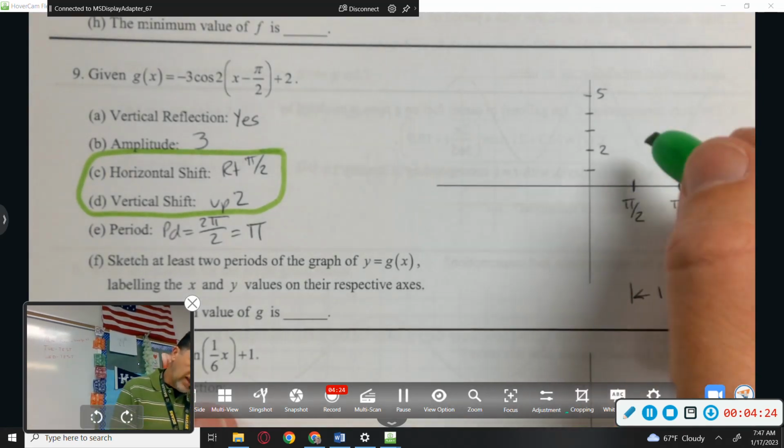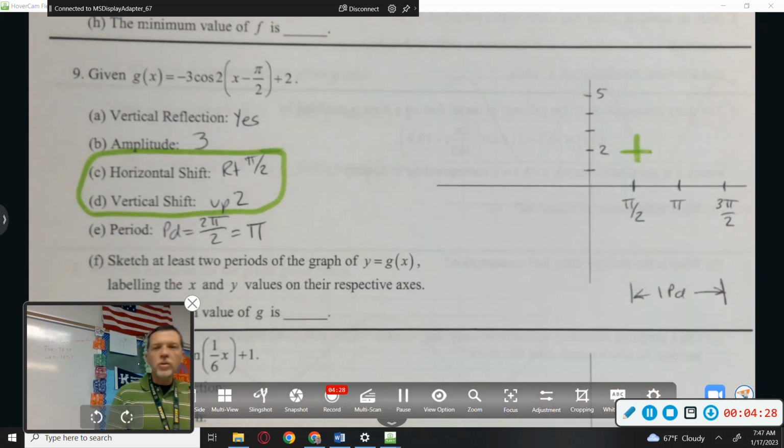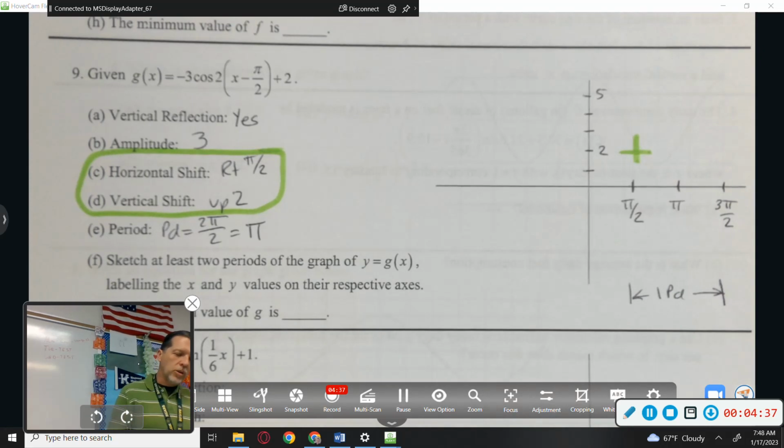And then I like to put my new origin on there, a little plus sign. And now I can base everything off of that origin, and I don't have to worry about my shifts anymore.